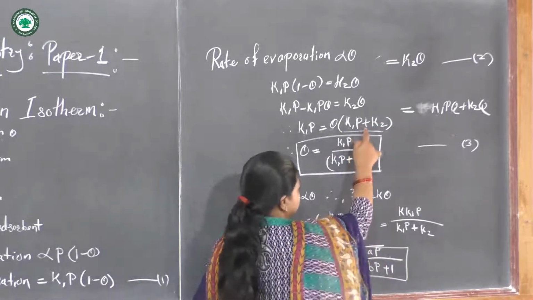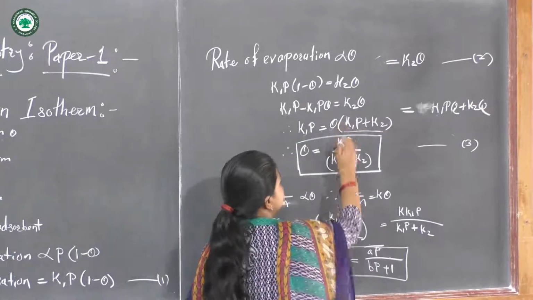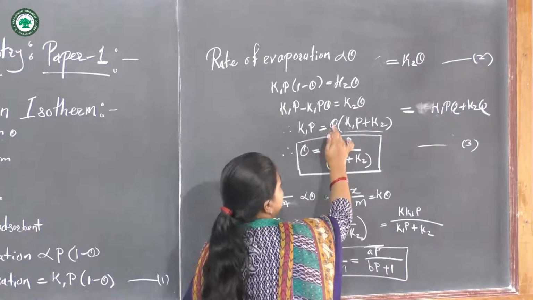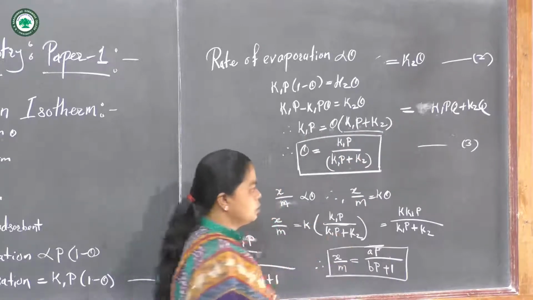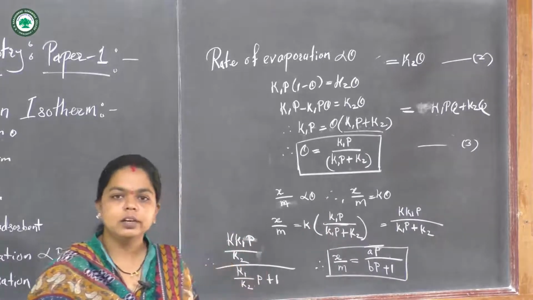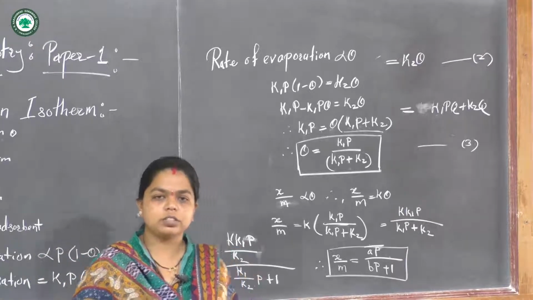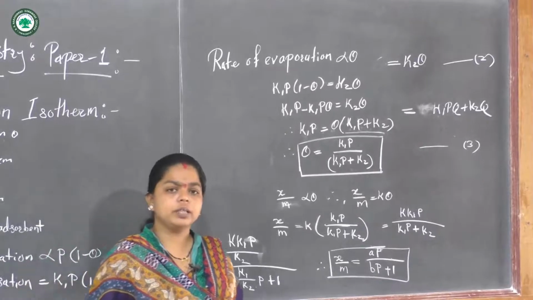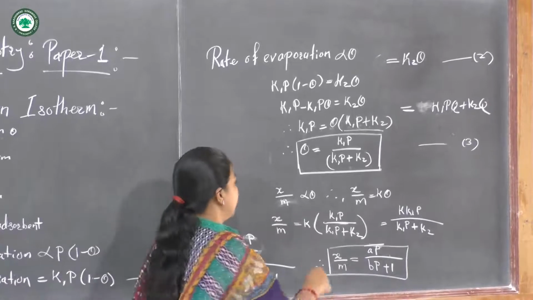If we shift it to the left side, it becomes a divisor. So theta equals K1P divided by K1P plus K2. This is equation 3. From this equation we can calculate the value of theta, that is the fraction of the area which is occupied by the gas molecules.